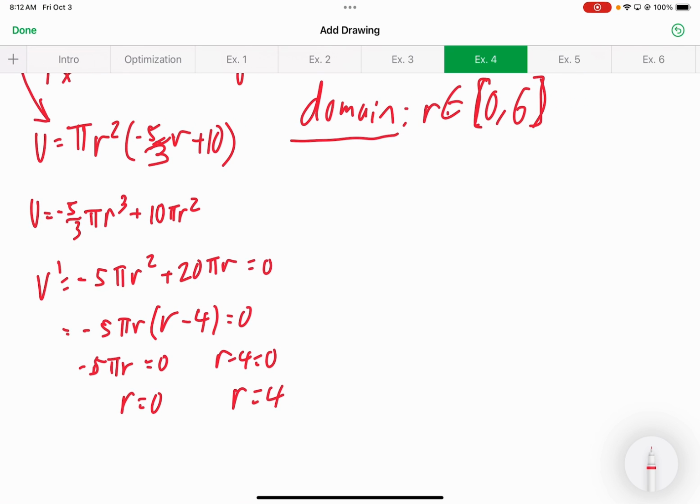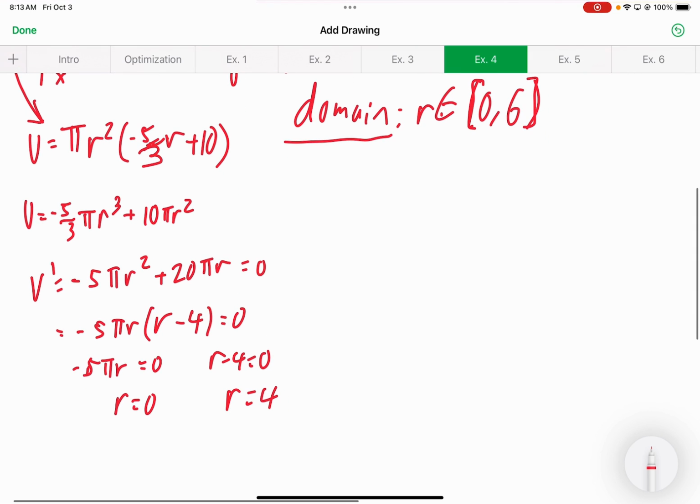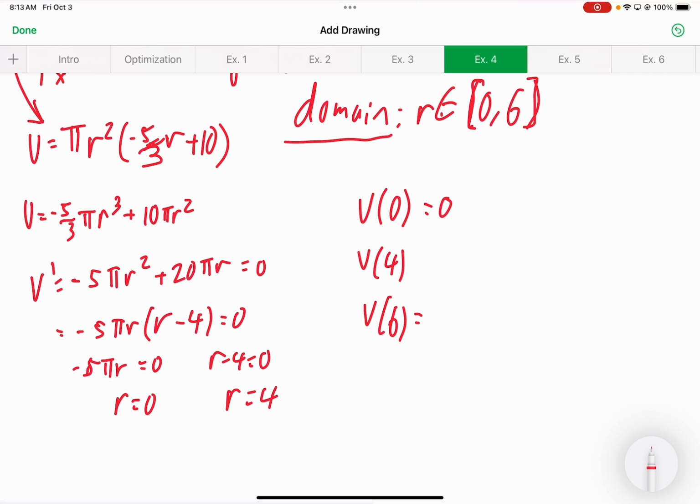Let's find out what that volume is going to be. So I should test V of 0, V of 4, and V of 6. But I know for 0 and for 6, I end up with values of 0. Okay? Because if you plug in 6, negative 5/3 times 6 is going to give you negative 10. Negative 10 plus 10 gives us 0. Okay?